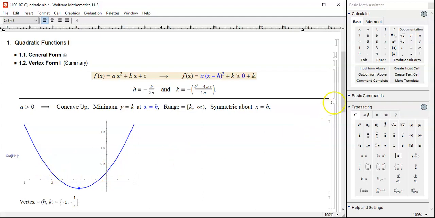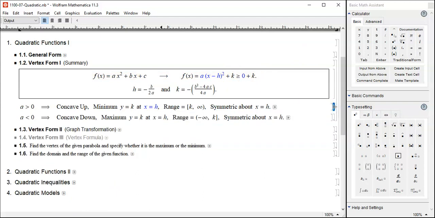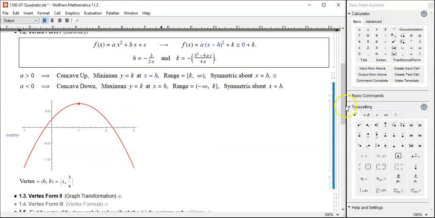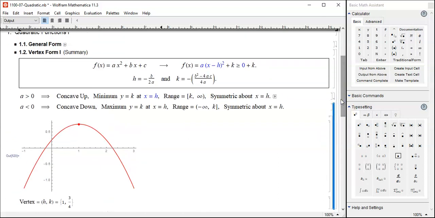So the slightly harder way to see that h comma k is really the vertex comes through this inequality. Now what if a is negative? Here's a graph. The graph is concave down, and the maximum is here, this point h comma k, so the maximum is y equals k when x is h.